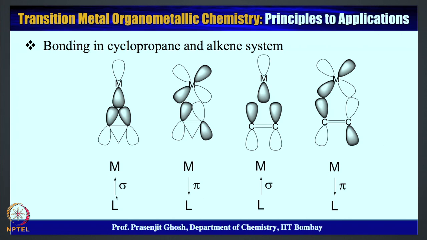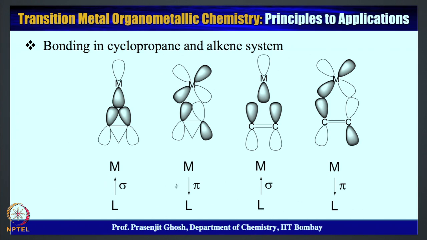So, there is a sharp distinction between C-C bond activation of a cyclopropane ring containing a sigma bond versus C-C bond activation of an alkene containing a pi bond.